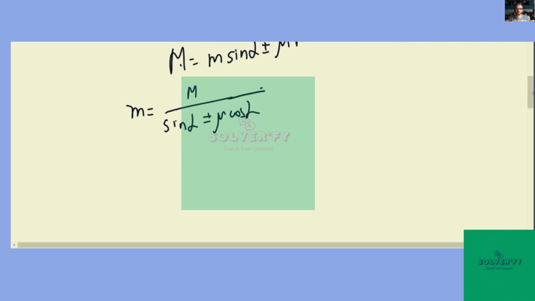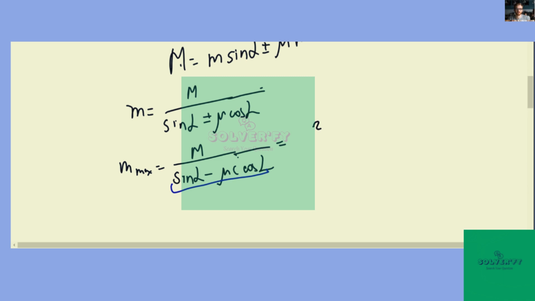Here m is maximum when it equals M over sine alpha minus mu cosine alpha, because when this denominator is lower, the whole fraction is greater.